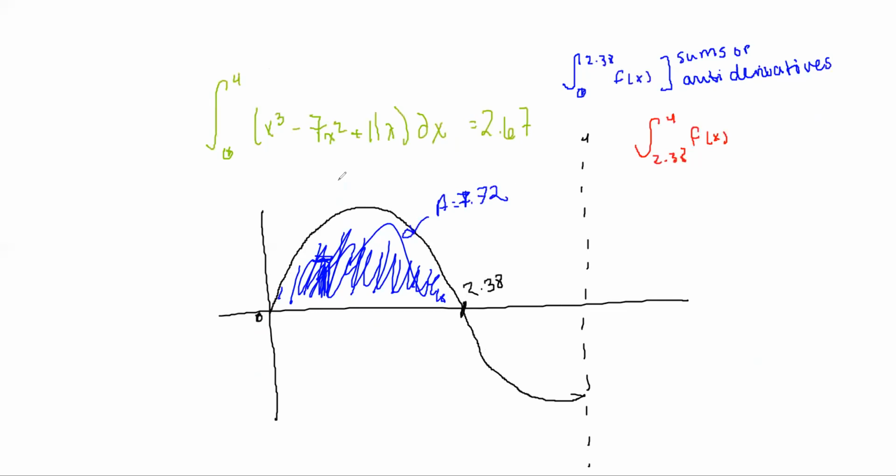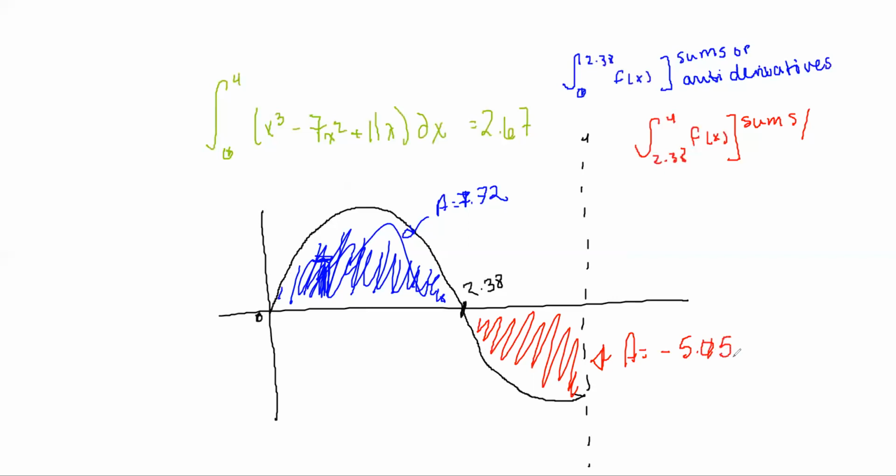Then they found this other area using sums or some other method, and they found that this area is negative 5.05. The reason it is negative is because it is below the x-axis, so it's counting negatively.